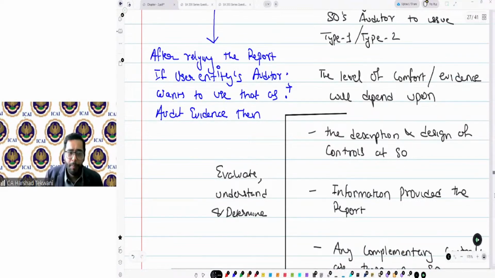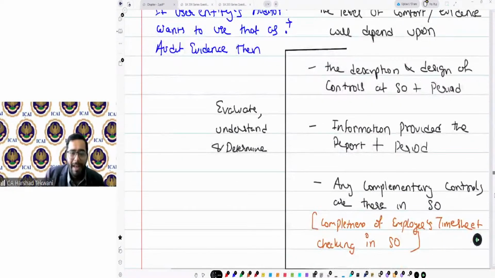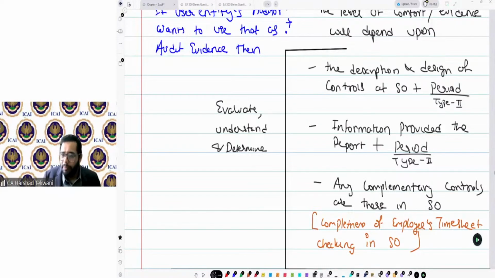But when I'm using a type 2 report, along with the description, I will be adding the period: description, design of control at the service organization, plus period of implementation, information provided in the report, and the period of information. So for type 2, I will add the period. Any complementary controls, then for what period in type 2.